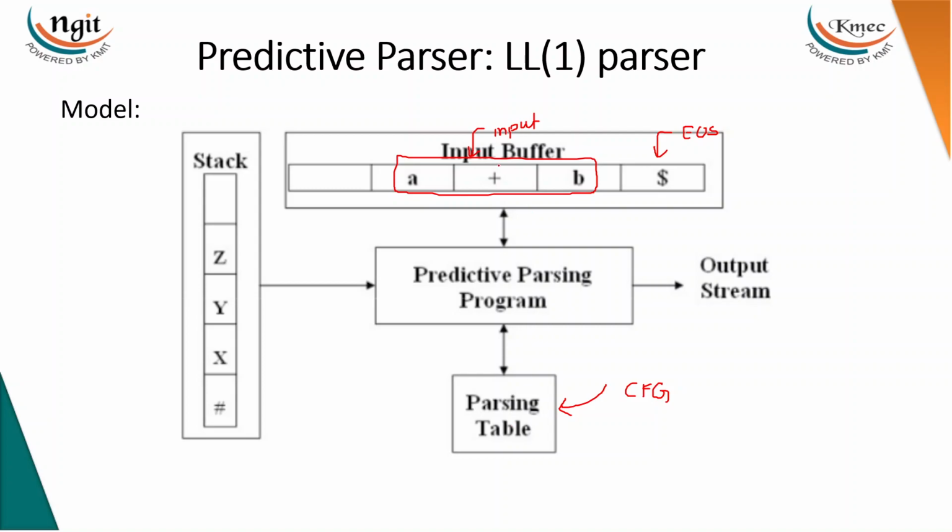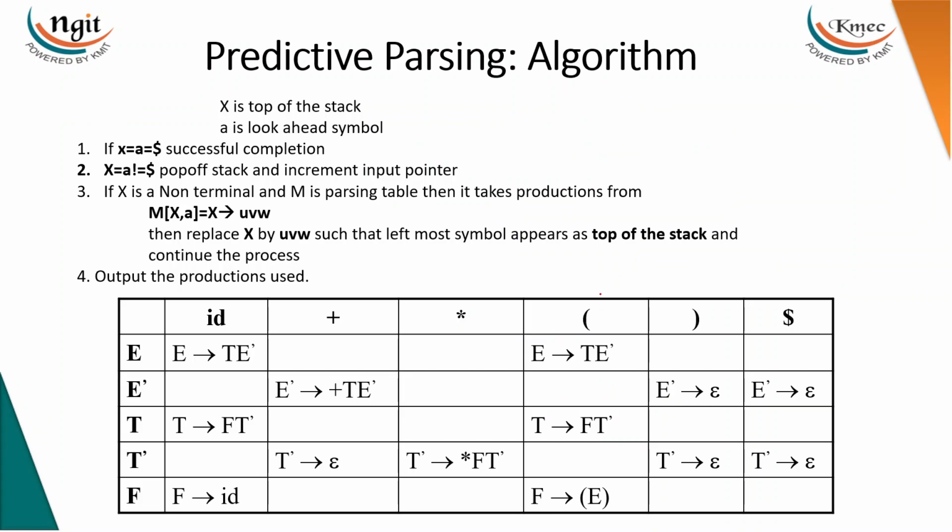To check this, with the help of a stack, we use a predictive parsing program or algorithm. I'm assuming that the grammar is already represented as a table, and how we construct it we'll discuss in the next video.